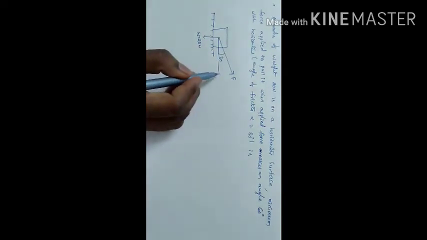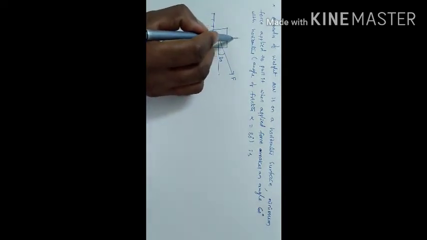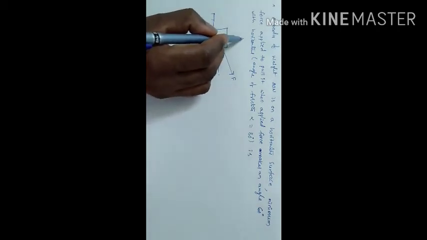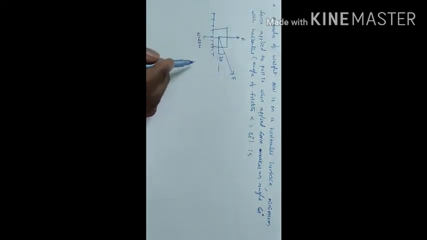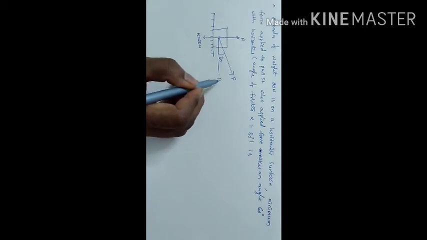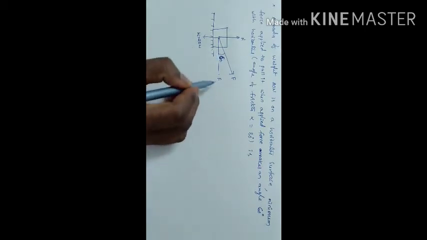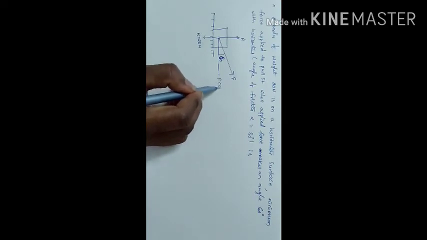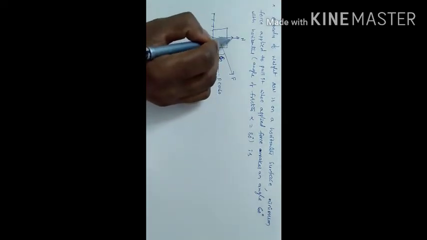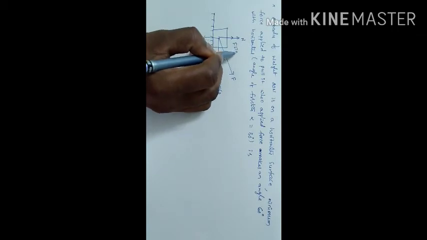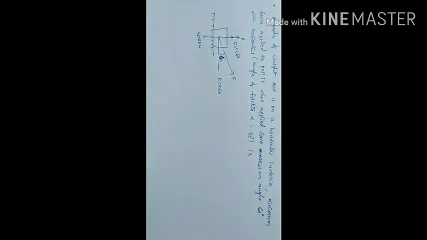This is also called N. This force can be resolved into two components. This angle is 60. This is F cos 60. This is F sin 60. These are the two components, and they have given the angle of friction.